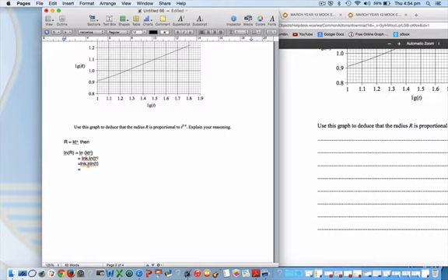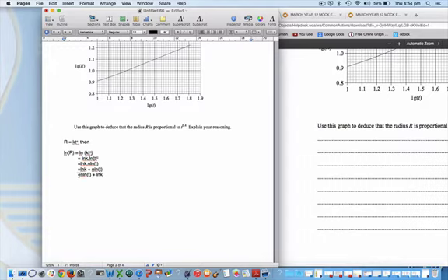So we have now log of k plus n log t. And just rearranging that, I'm going to put n log t first plus log k.